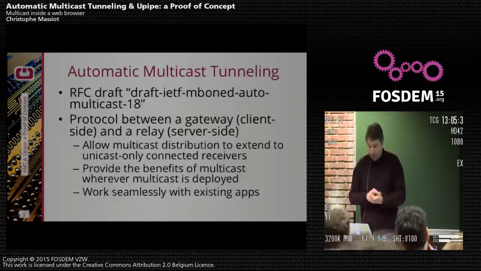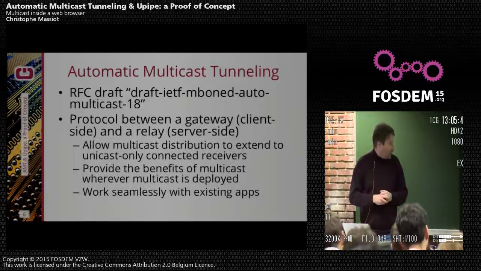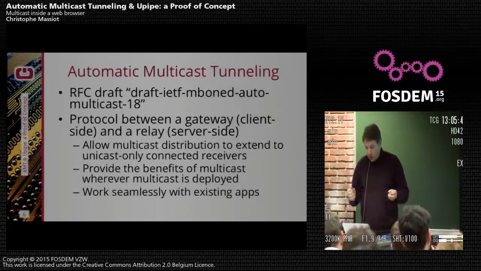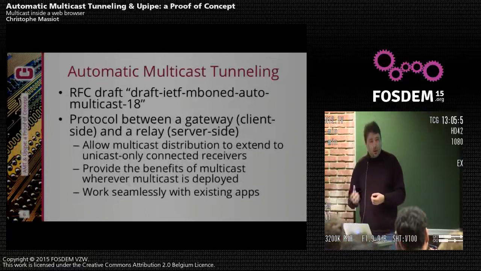So far, because a few players have gathered to create a new RFC. Currently it's only a draft. It's called Automatic Multicast Tunneling, AMT. It's a protocol between a gateway on the client side, close to the client or in the client, and a relay on the server side, close to the server or in the server.